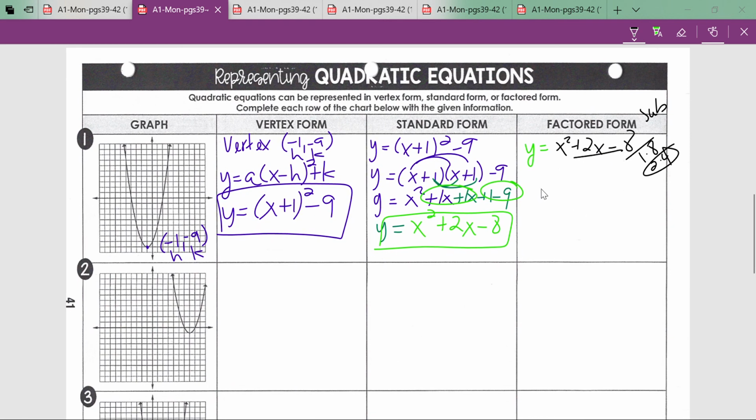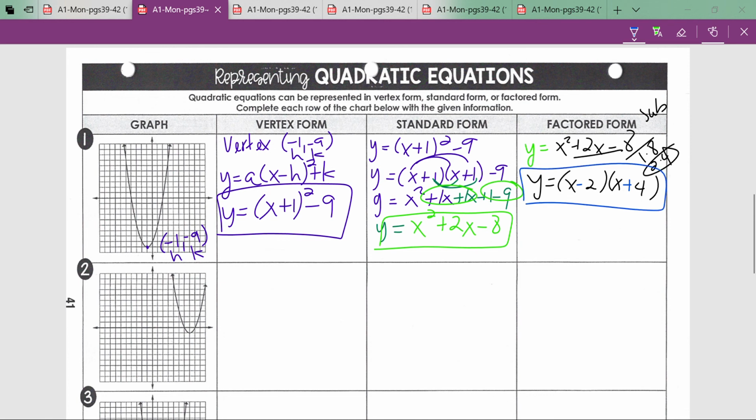So those are our factors, 2 and 4. So y equals (x 2)(x 4). And our signs have to subtract, so they have to be opposite. And we make the 4 positive, so when I subtract a 2, I end up with a positive 2. If I switch the signs, I would end up with a negative 2, and I need a positive 2 because that's the middle term. All right, so this is our answer for factors.